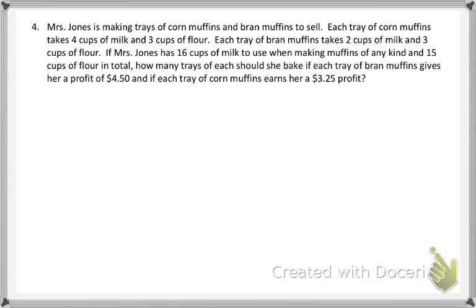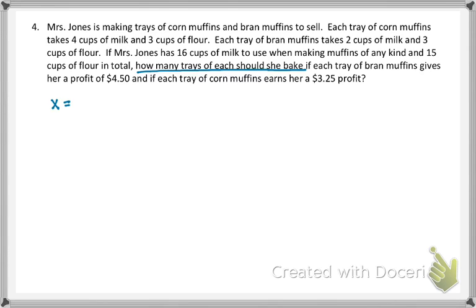Right, number 4. Now we have Mr. Jones, who is making corn muffins and bran muffins. And the question is, how many trays of each should she bake? How many trays of bran muffins and corn muffins?